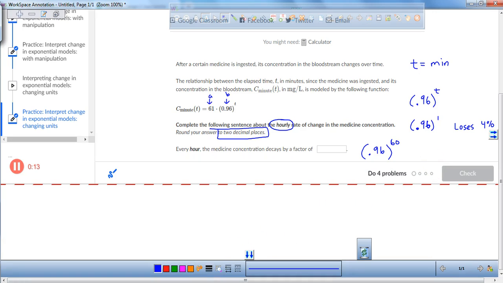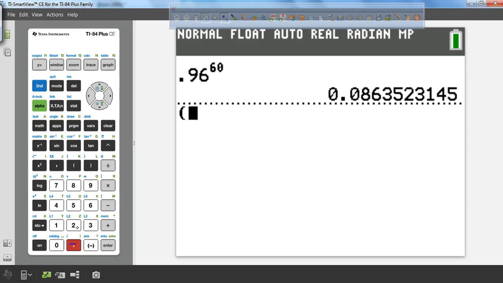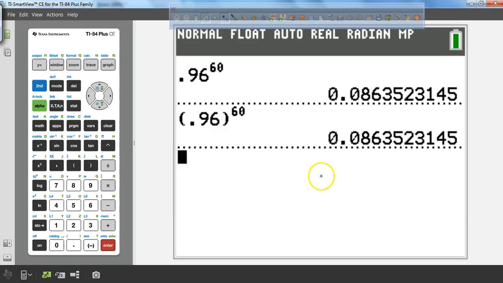So I'm going to type that in, right? So 0.96. You could use parentheses, obviously, to the power of 60, which is the same as 0.96 in parentheses to the power of 60. All right. So to 2 decimal places over an hour time.